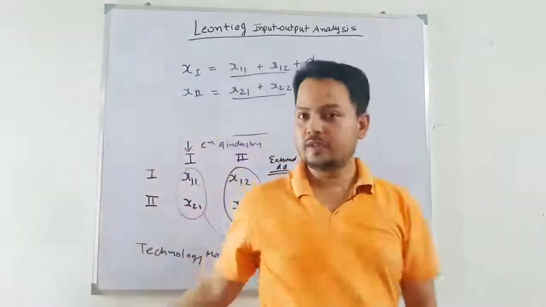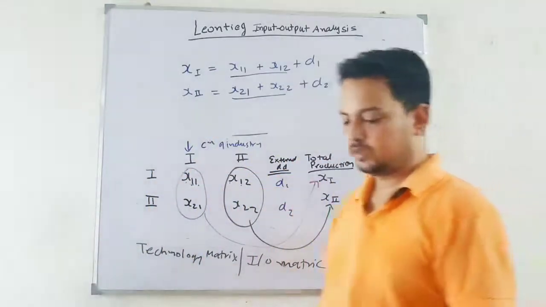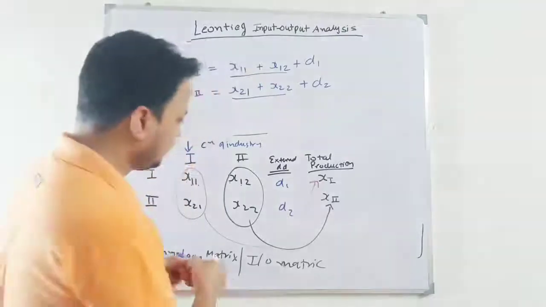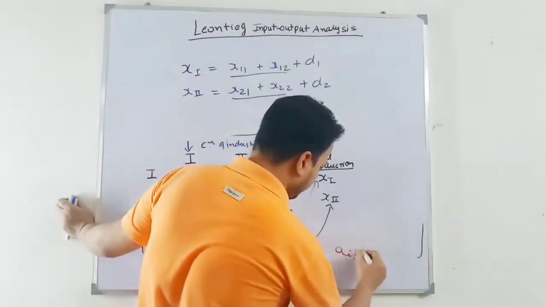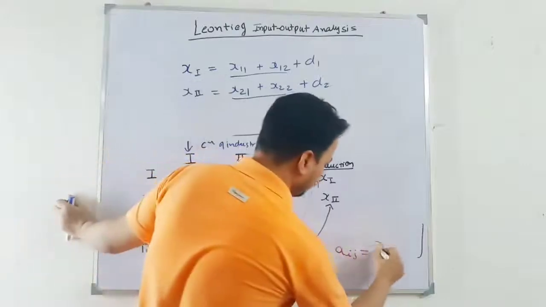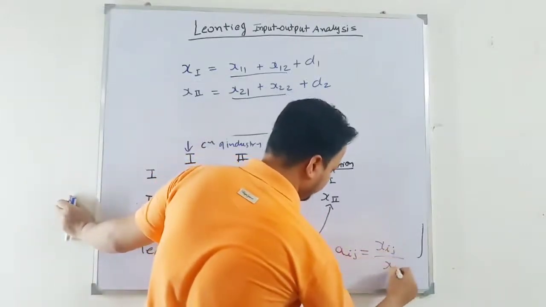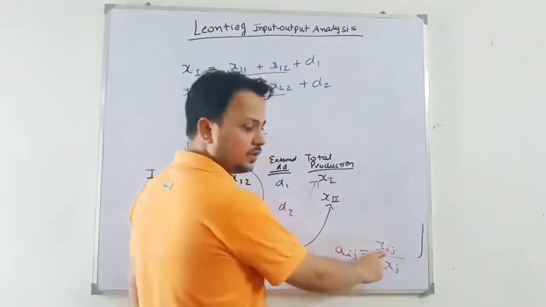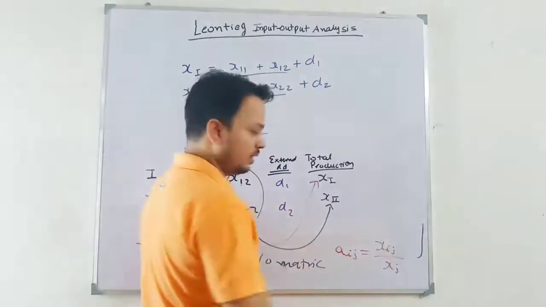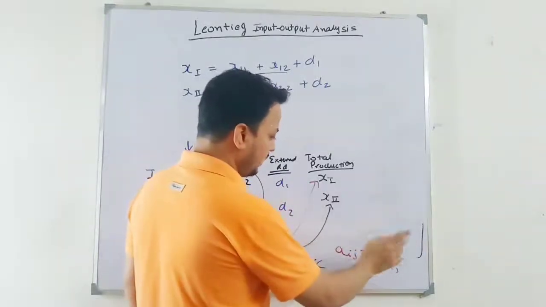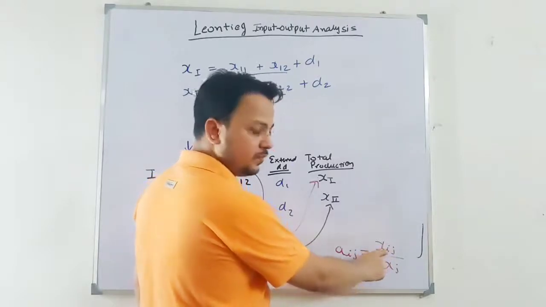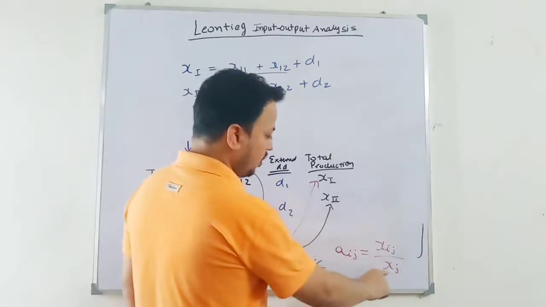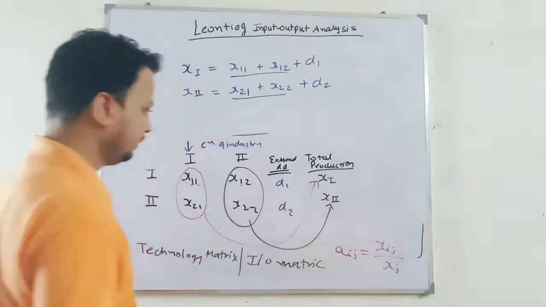The technology matrix, or input-output matrix, and the formula for this one is Aij equal to Xij over Xj. Better to speak in ij form, that is going to be easy. So output of ith industry used by jth industry, divided by the total output of that jth industry.